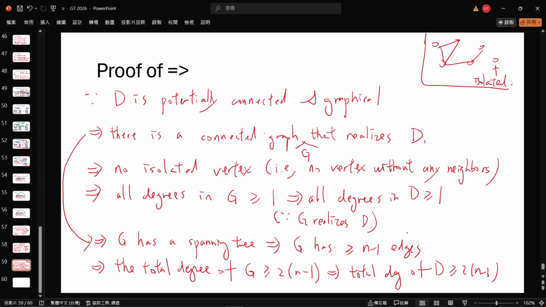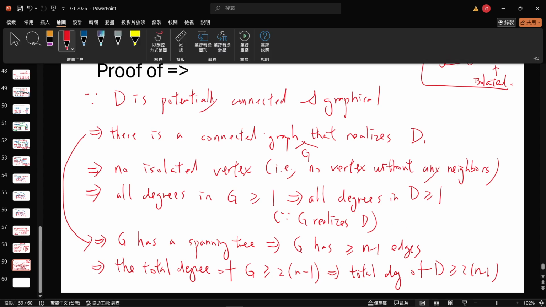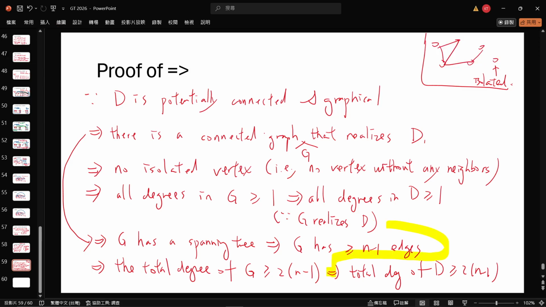And for the last step, we also utilize this. Basically, what happens on G also happens on D, because G realizes D. So that's the proof for this direction.